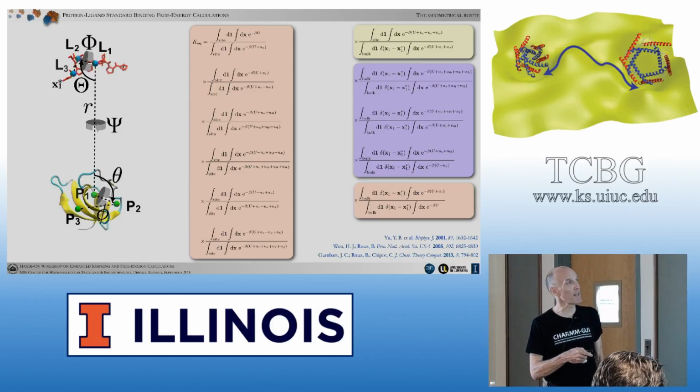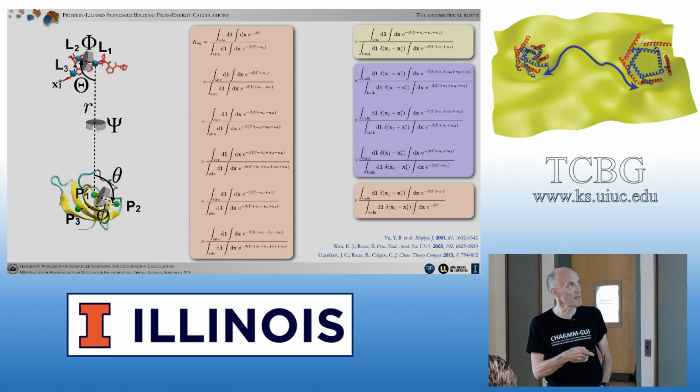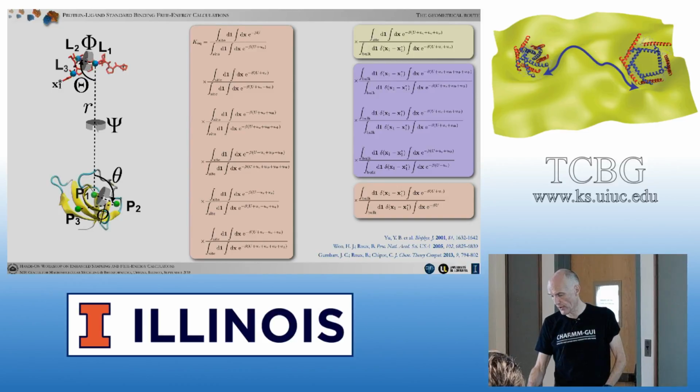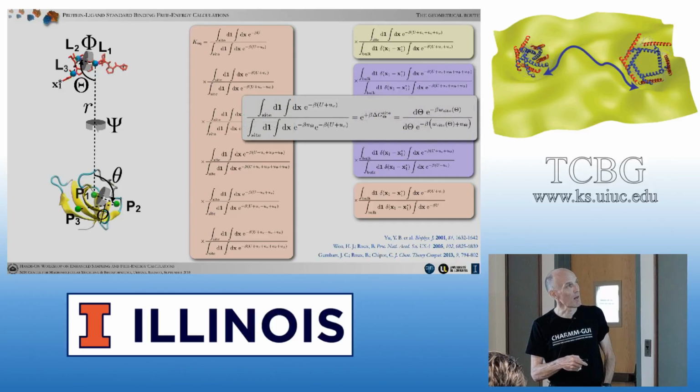Let me just give you an example here. Let's take the case of theta. So I'm calculating the potential of mean force of theta. If you look at this ratio of configuration integrals, what do they actually mean? In the numerator, I have this term here. I have a potential energy function augmented by a harmonic potential on the conformation, you see.